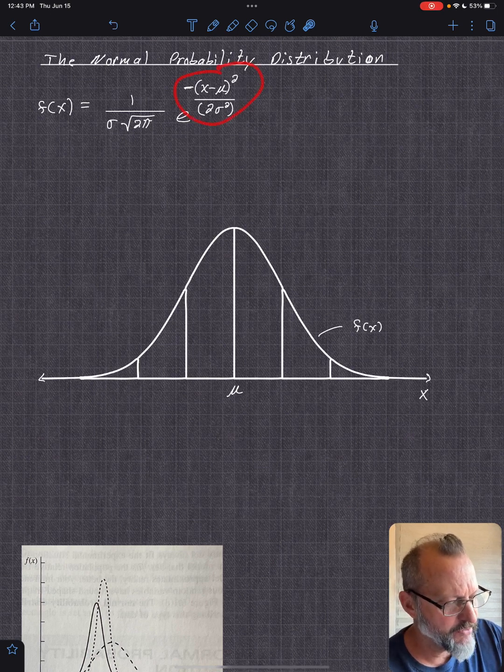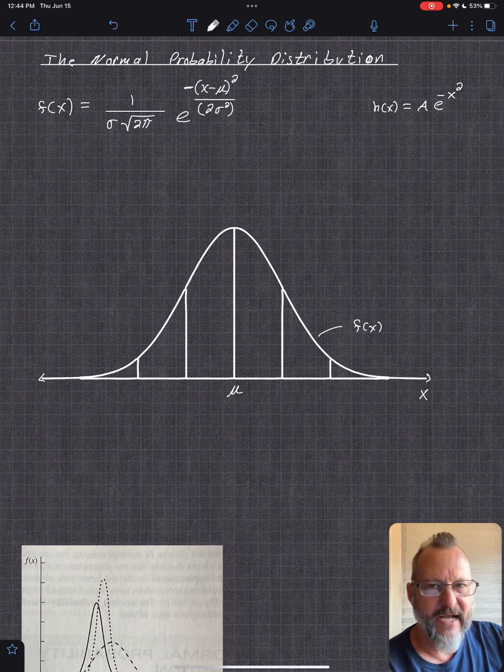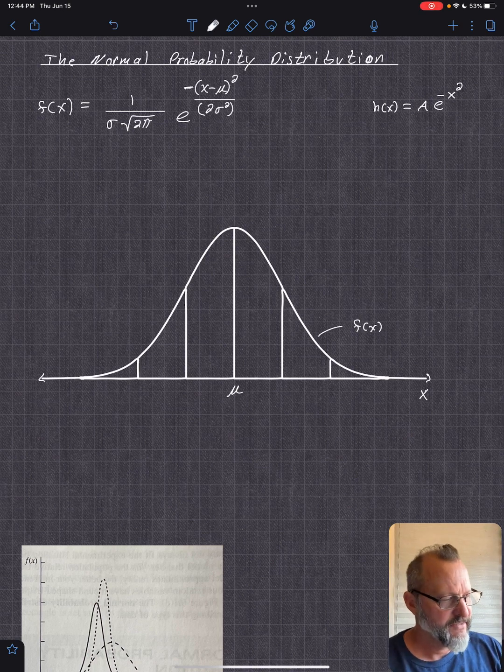This is a power to e. So it's basically behaving like, I'll just say h of x is a e to the negative x squared. And that function is essentially that upside down curve like that.